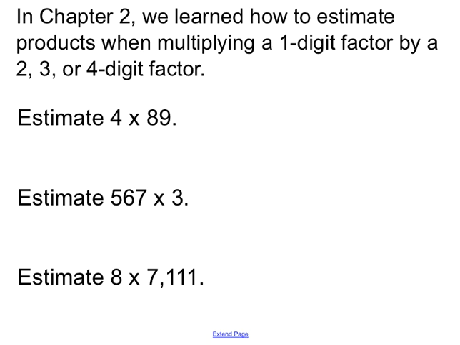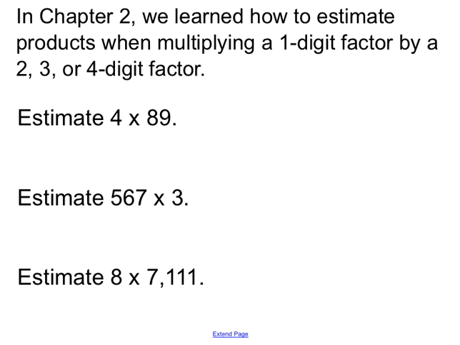Estimating is supposed to allow us to multiply much easier. So we don't need to multiply and find out the exact answer first. No, we will estimate first, then multiply. So let me show you how that's done.